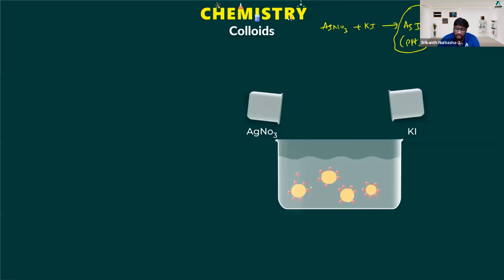The charge has been developed by preferential adsorption. You may ask a question, sir, how the charge is developed. We'll discuss that. If I add AgNO3 to KI, or if KI is the dispersion medium, what type of charged sol is formed, that we'll discuss in the next class.